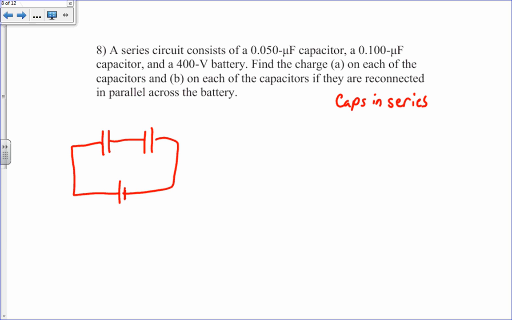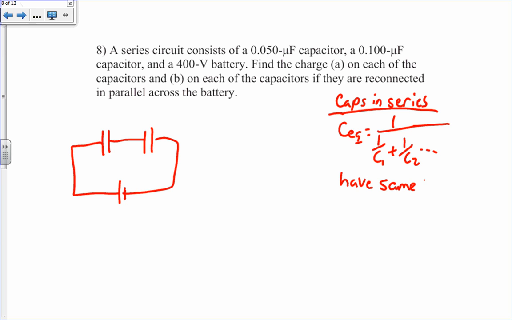First, the equivalent capacitance is 1 over C equivalent equals the sum of the inverses, like that. Capacitors in series have the same charge, and their voltages add up to give the total voltage.